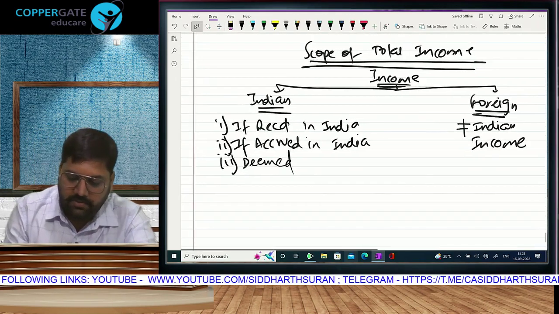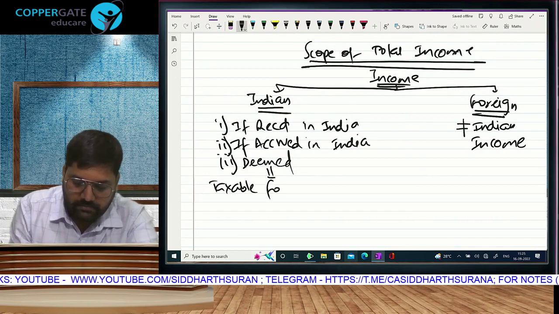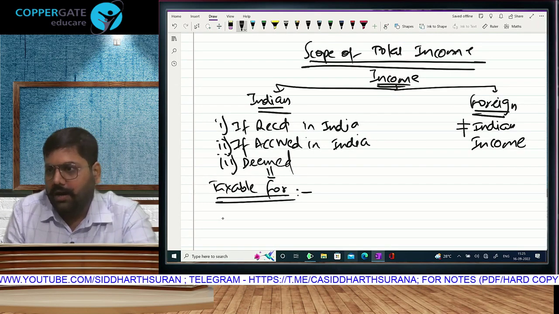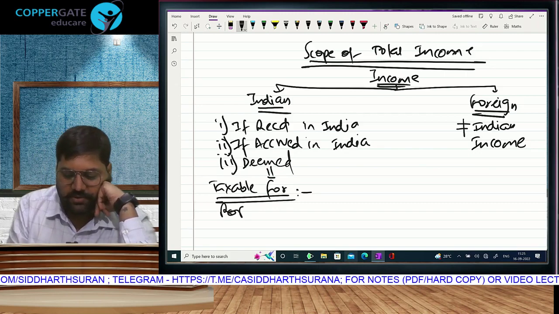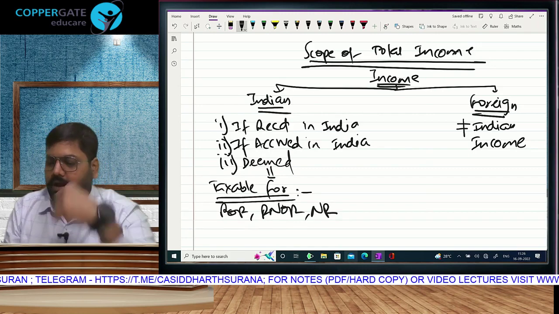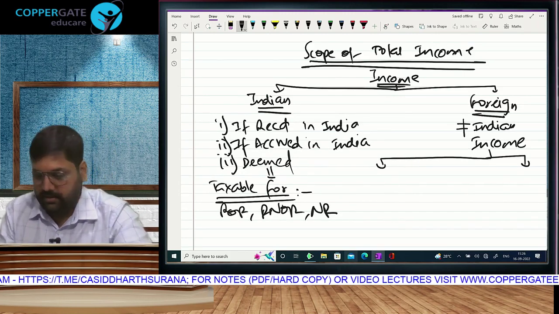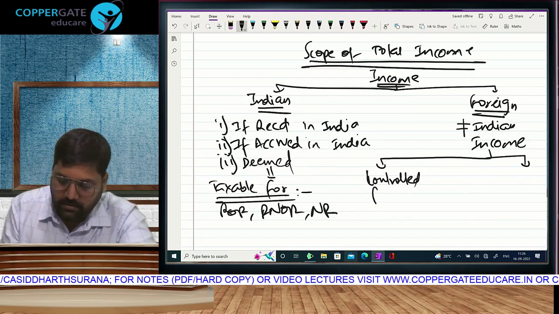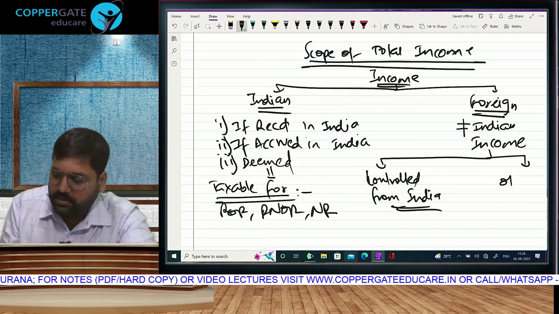Understood? Now, this is going to be taxable for whom? ROR, RNOR and NR. That means can I say all three? Very good. And when we talk about foreign income, we have to further classify it into foreign income controlled from India or other local foreign income.